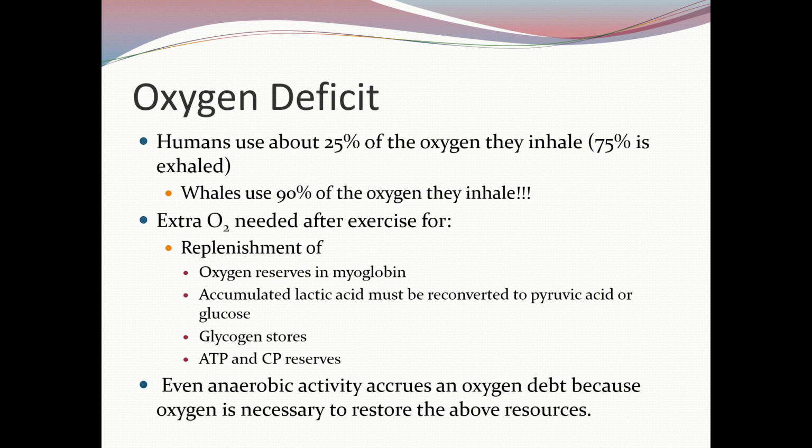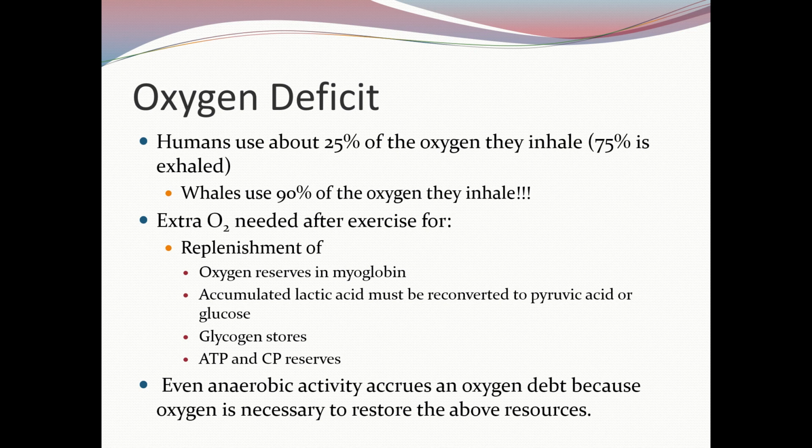The oxygen deficit occurs because humans use only about 25% of the oxygen they inhale. So 75% of the oxygen is exhaled as waste. Whales use 90% of the oxygen they inhale, and I always put that in there because a whale is a mammal and it's breathing air, but they just come up and take a quick breath and can go down into the water for 45 minutes or more.